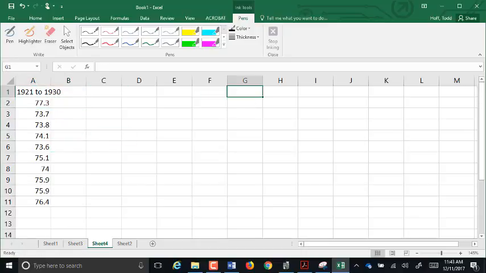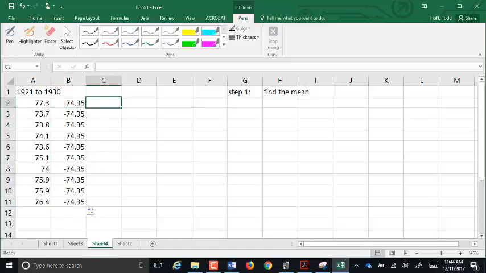What is step 1? Okay, we found the mean for these numbers. What was it? It was 74 point something. 74.35. So that's what we're going to subtract from each number here.